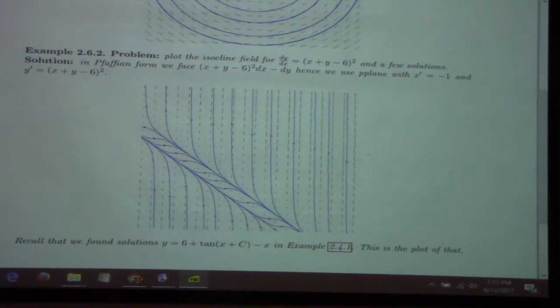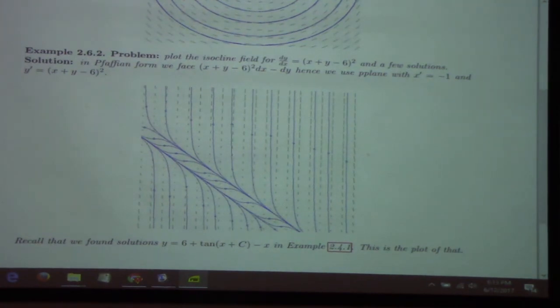So if I have dy dx equal to f1 over f2, now f1 and f2 can be functions of y and x, then I can solve dy dt equal to f1 and dx dt equal to f2.